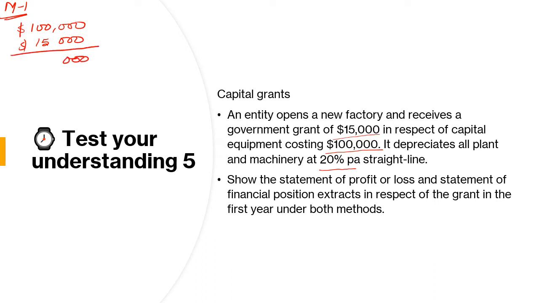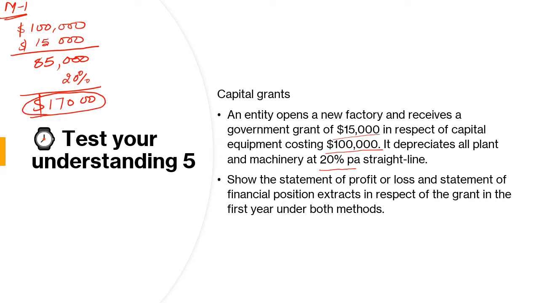So the cost after grant is $85,000. So depreciation is 20%. So 20% of 85,000 will be $17,000 per year. So this is the depreciation per year.